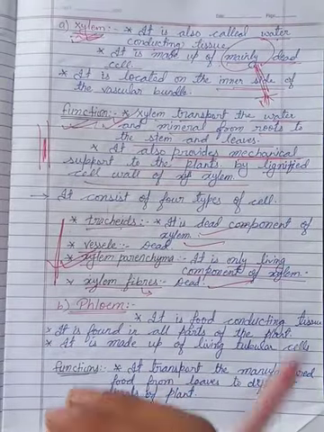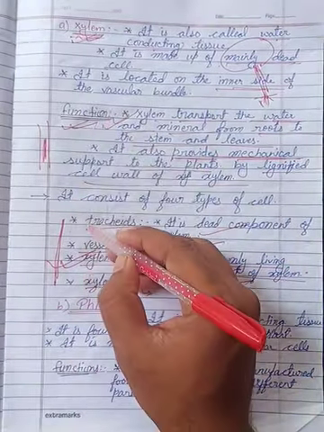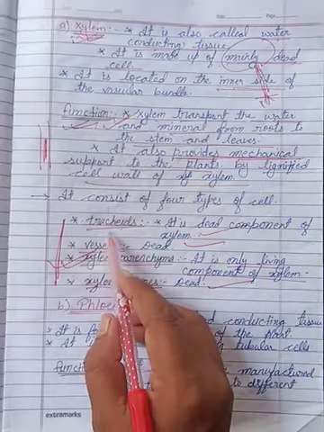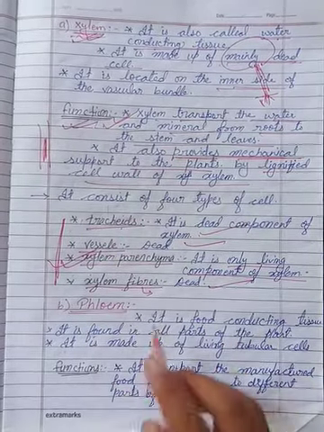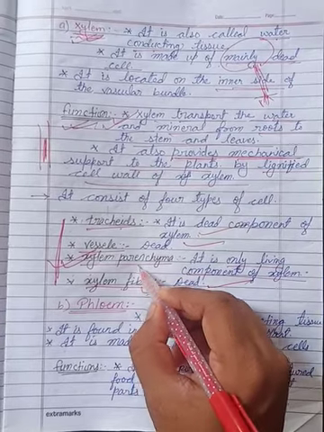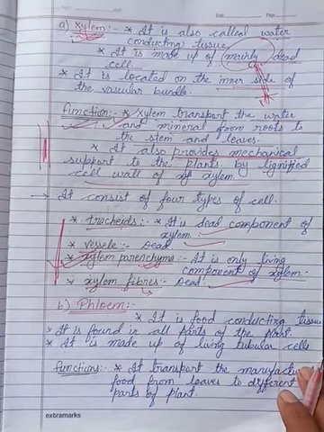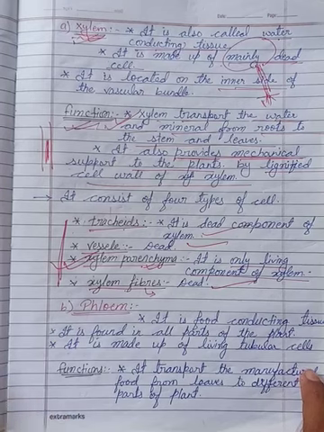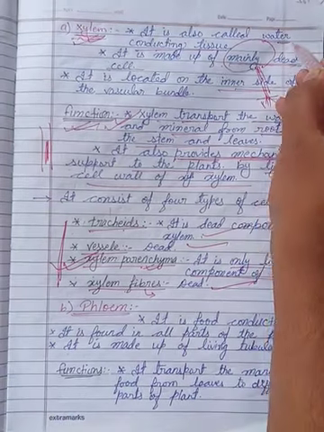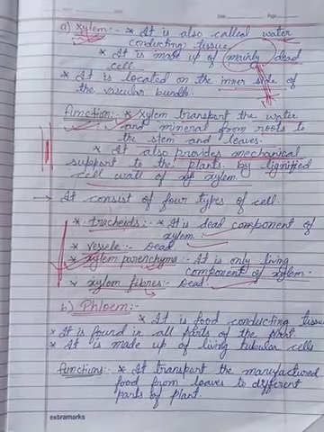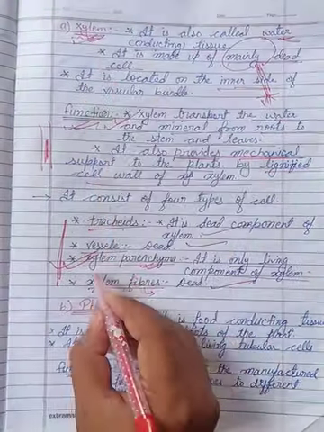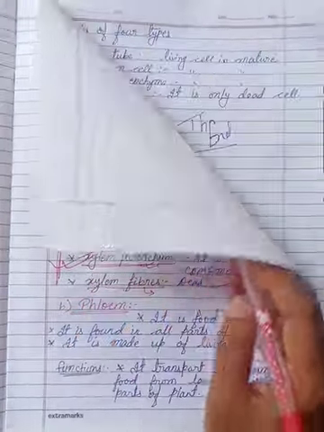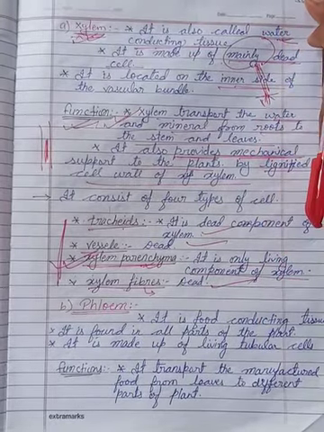If you remember the four types of xylem, tracheids, vessels, xylem parenchyma and xylem fiber or xylem sclerenchyma, the tracheids and vessels are the cells responsible for the transportation of water. Is it okay? That means in the xylem, these cells are responsible for the conducting of water.